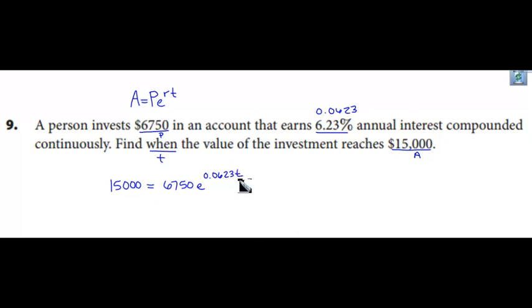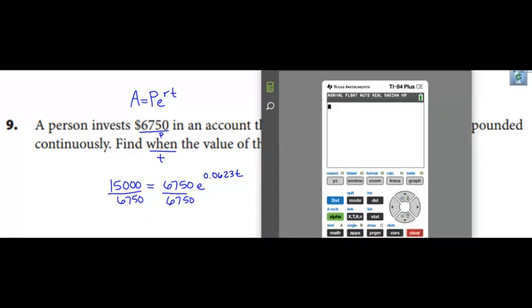Again, since my variable is an exponent, I'm going to use logarithms to solve this. Isolate the part of the problem that you want to solve for. So let's start by dividing 6,750 on both sides. I get a repeating decimal, and I'm going to show you how to use this in your calculator in just a second.